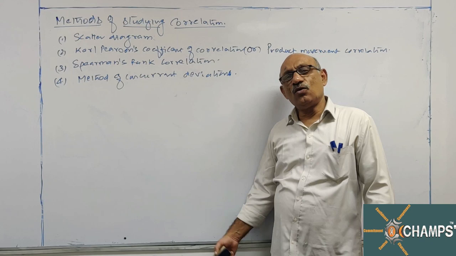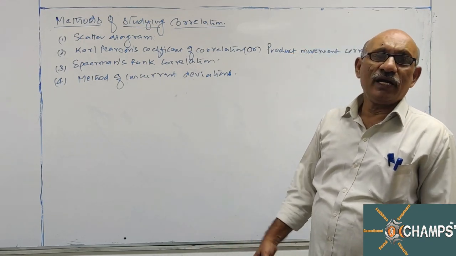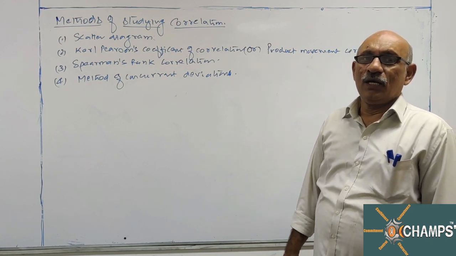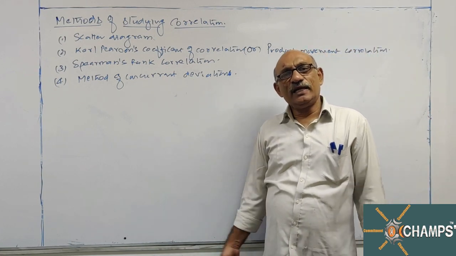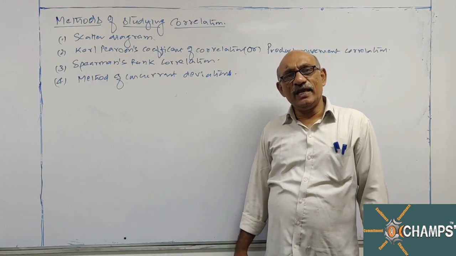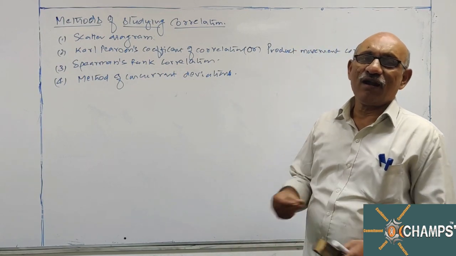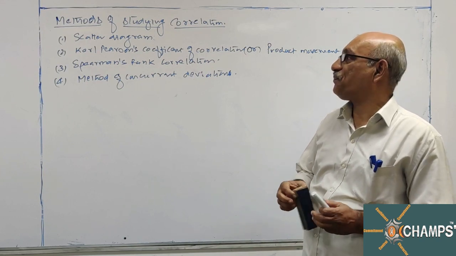That is, whether the correlation is positive or negative, or is there any correlation between the two variables or not. To this extent only this scatter diagram will tell. It cannot give you any numerical value. Means through scatter diagram we cannot find out the extent of relationship between the two variables.